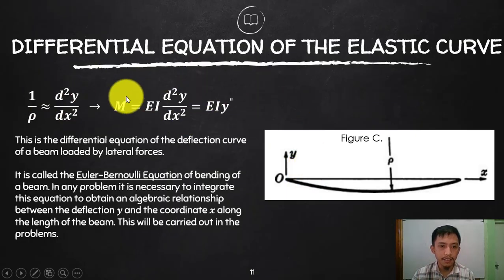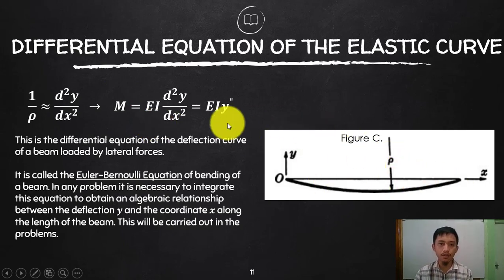So that's it. This is what we now call the Euler-Bernoulli equation, wherein your m you can establish from your moment equation, just like what we did before, and then equate that with your EI times the y double prime.